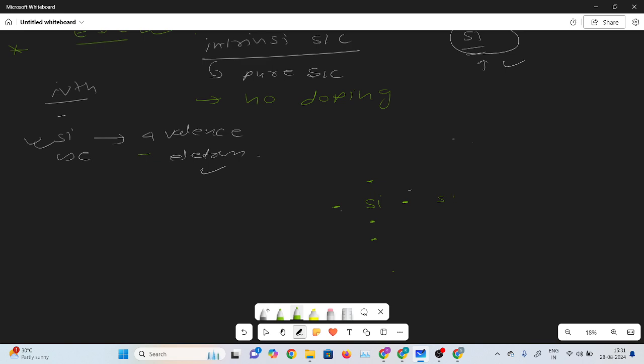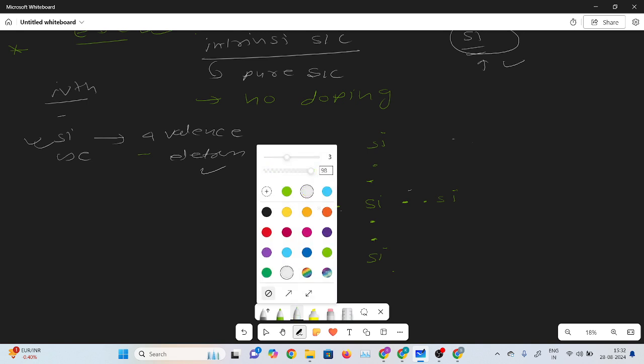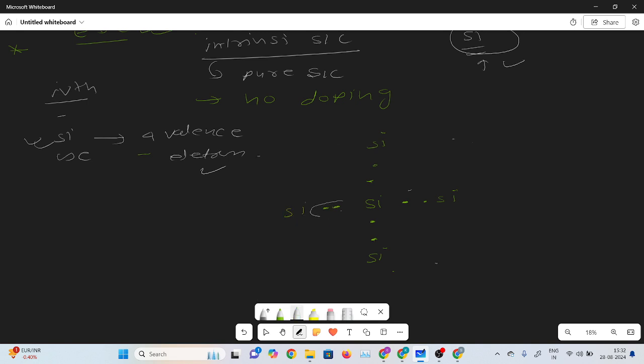Outside, there are also silicon atoms; this is another silicon atom. Because each has only four valence electrons, they make covalent bonds inside the lattice. This is the covalent bond structure.